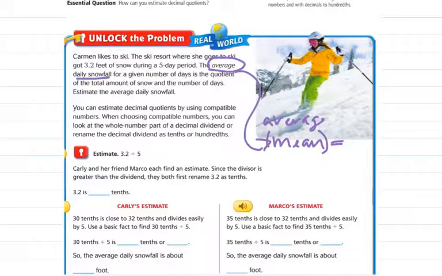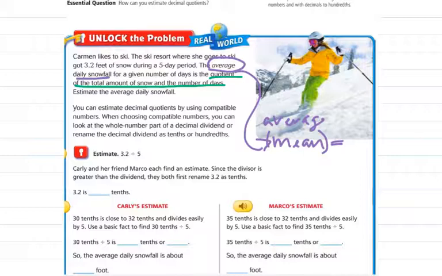They say it's equal to the quotient of the total amount of snow and the number of days. So that's going to be important because we want to keep that in mind for how to figure out our answer.